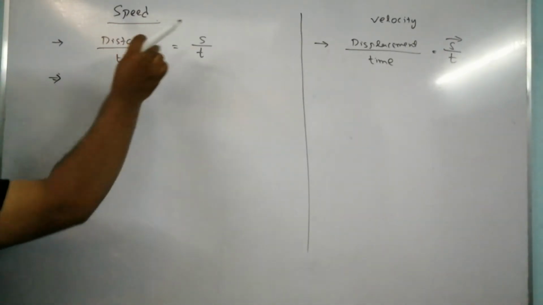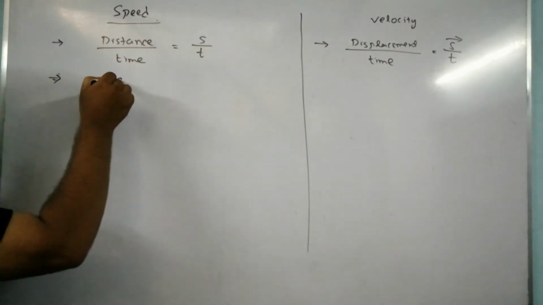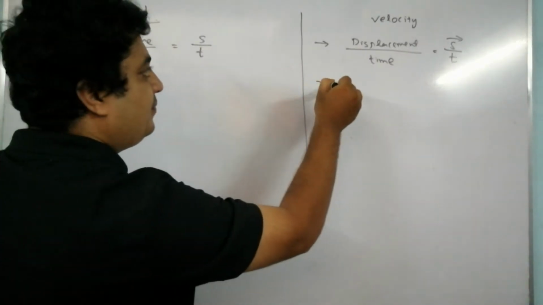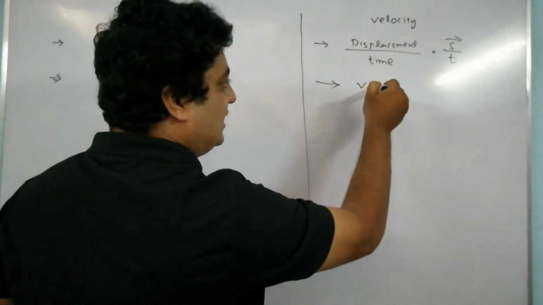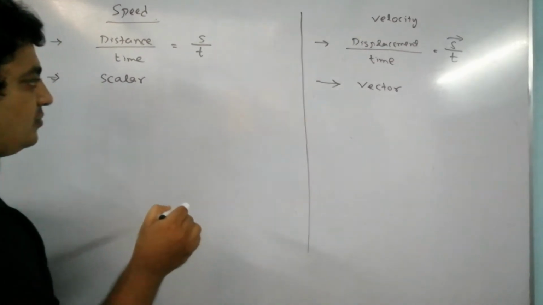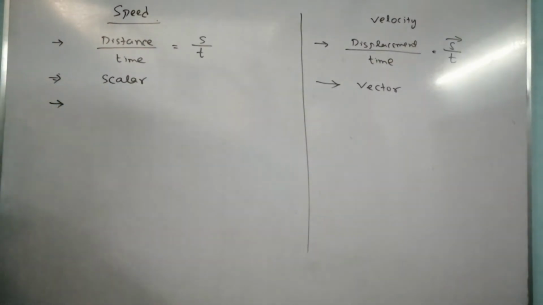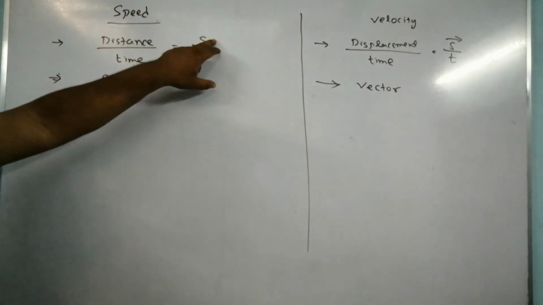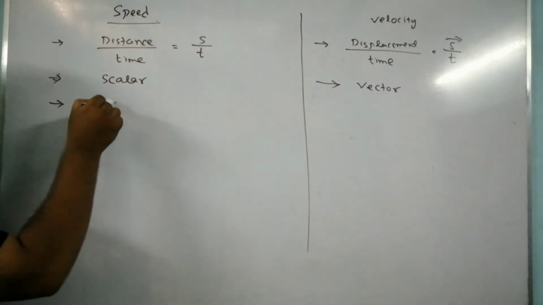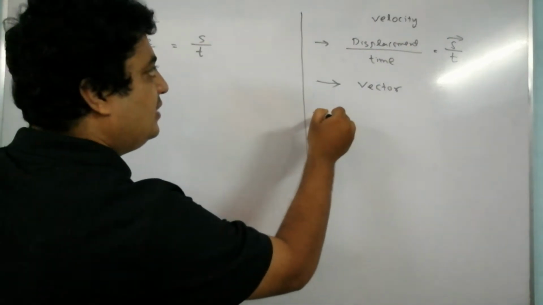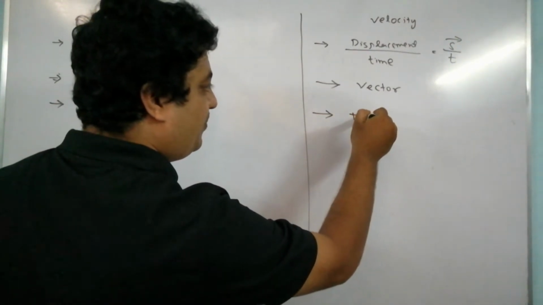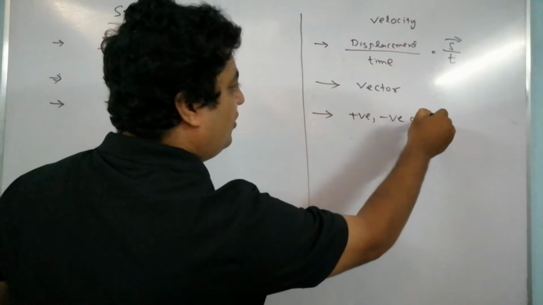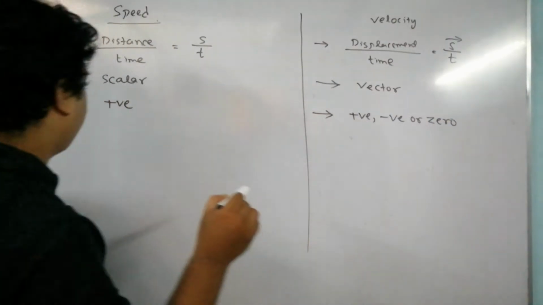So as distance is a scalar, speed is also a scalar. But velocity is a vector. As distance is always positive, speed is also always positive. Velocity may be positive, negative or zero.